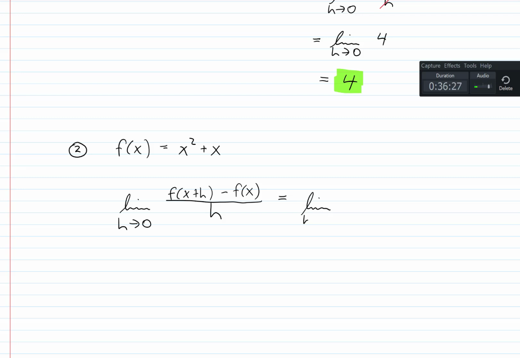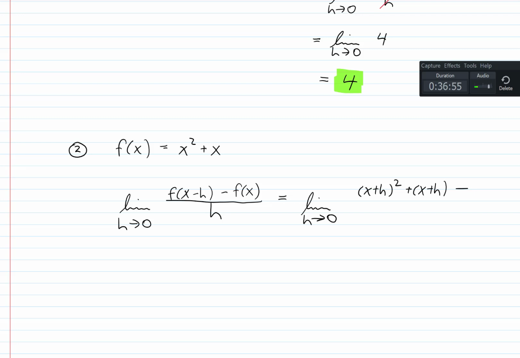So here's what we have to work with. x plus h squared plus x plus h. That's this right here, isn't it? I plug x plus h into my function, and that's what I would get, correct? Okay, now let's continue.